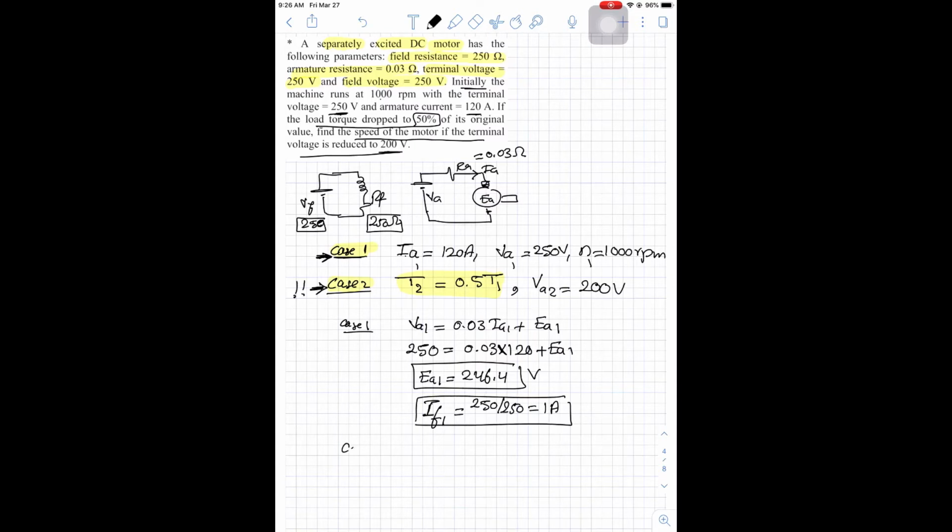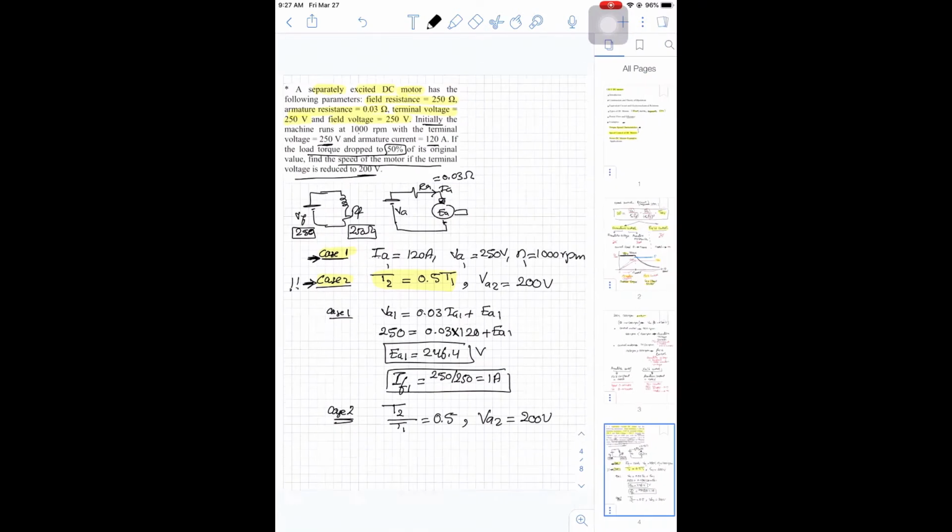Now we can go to case 2. We know that in case 2, T2 divided by T1 equal to 0.5, and we know V armature 2 equal 200 volt. We need to calculate the speed, and whenever you are asked about speed, think about EA. So we need to calculate EA2. If we have EA2, we can simply calculate our speed N2.